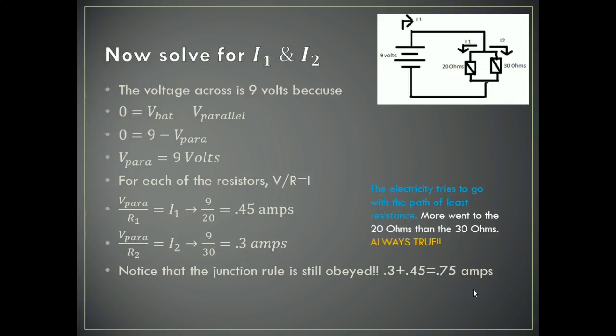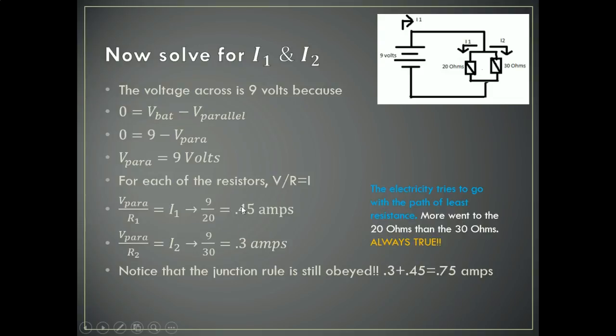And the great thing about parallel circuits is the electricity will always try to go to the path of least resistance. So notice that when we solved, more of the current went through the 20 ohm resistor than the 30 ohm. And this will always be true.